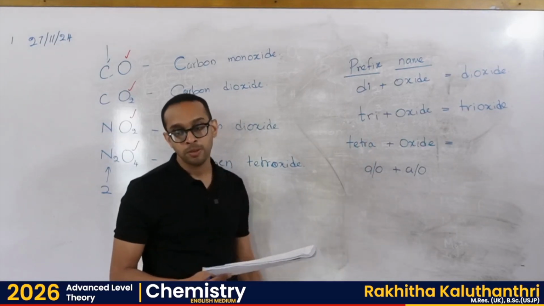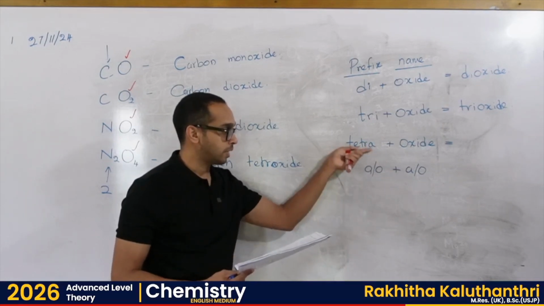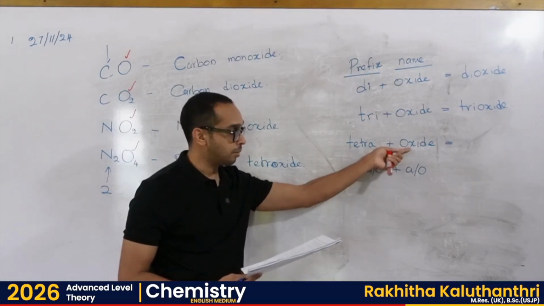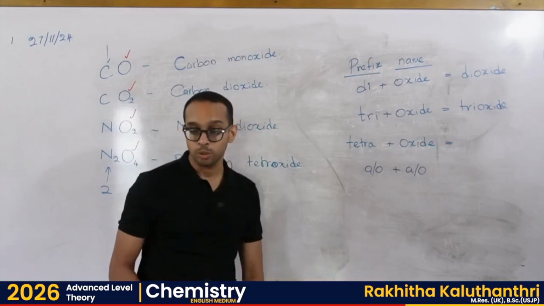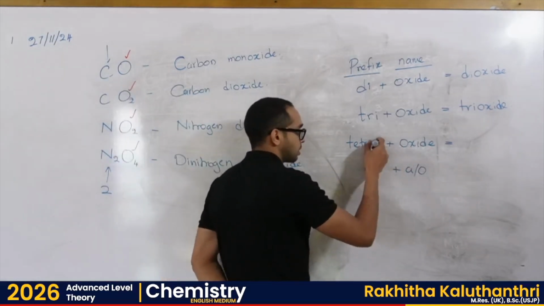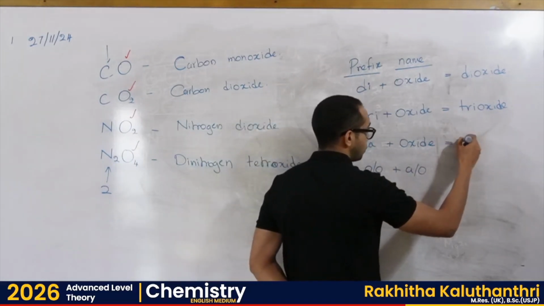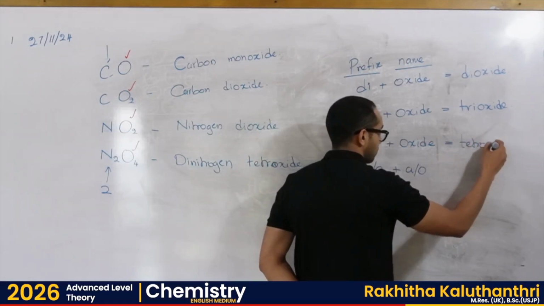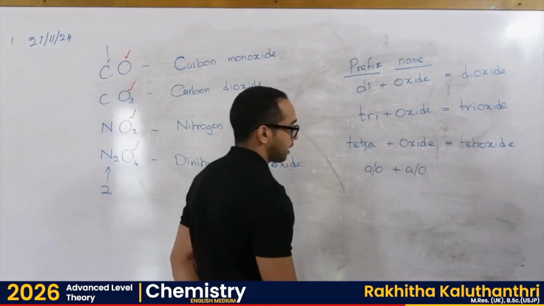If you have a prefix ending with the vowel A or O, and the name of the other element starts with A or O, then the last letter of the prefix is usually cancelled off. So that is what happens here. This gets cancelled off, we don't use it, so the name changes to tetroxide. So it's not tetraoxide, it becomes tetroxide.